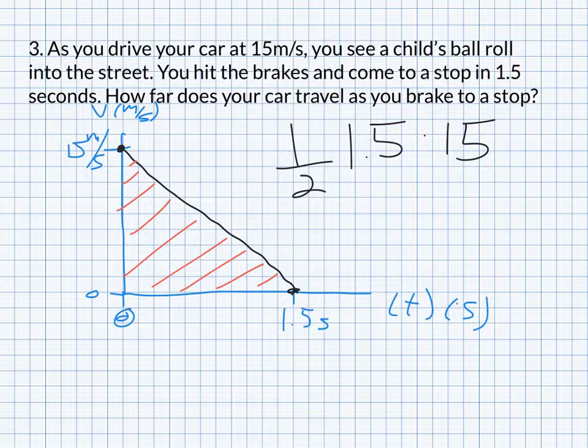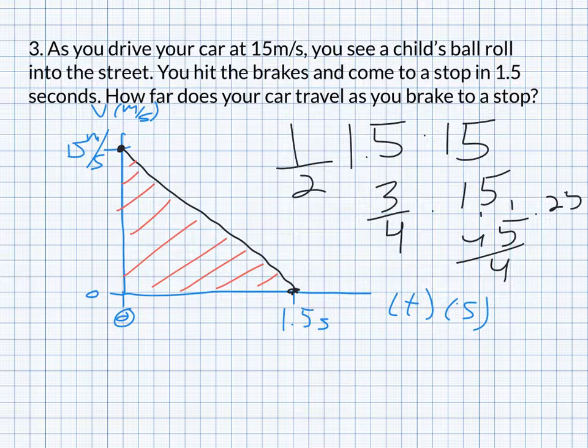Half of 1.5, that's 0.75 or 3/4 times 15. That's 45 over 4, which is 11 with 1 left over, 0.25. So 11.25. How far does my car travel? My car travels a little over 11 meters. Not too bad.